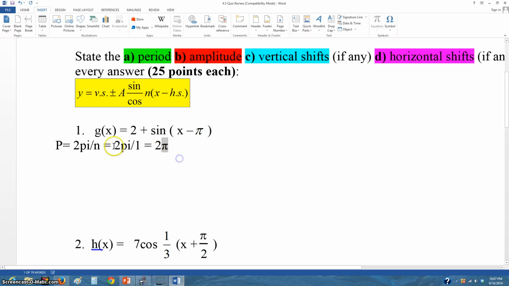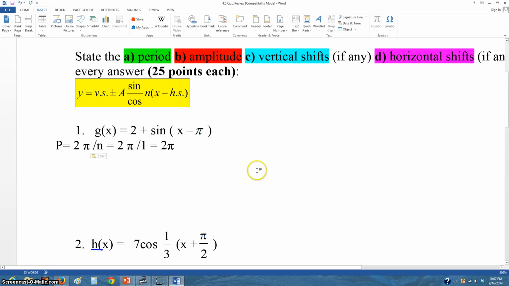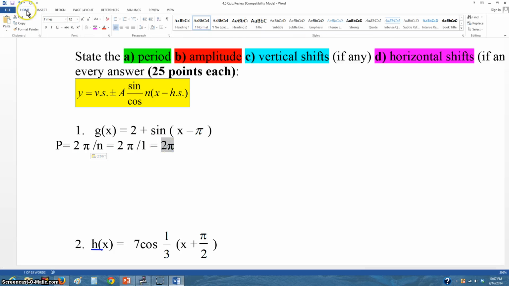So let's go ahead and just copy all of these into the Greek letter. Okay, so we get 2 pi over n, 2 pi over 1, which is equal to 2 pi. So we will color that as my period.